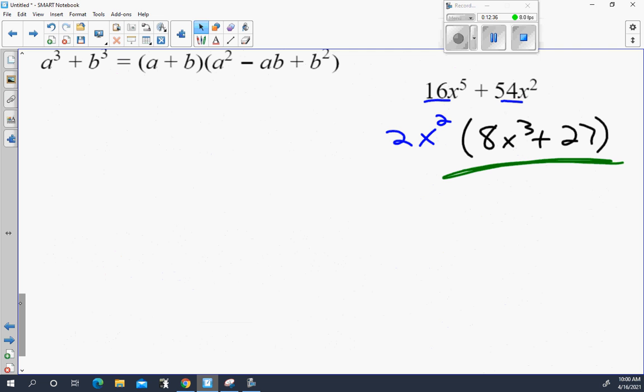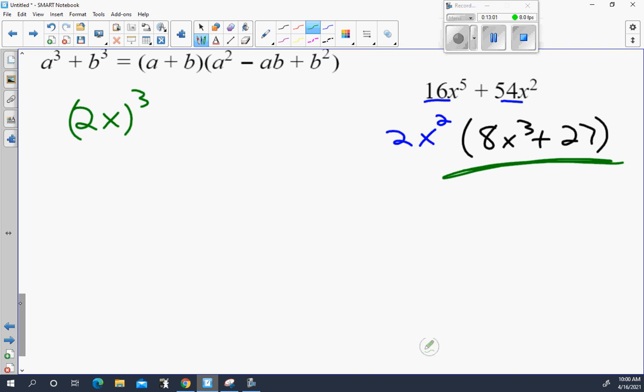Again, I'm just going to use that formula. I still have 2x squared out front, okay? But I'm only going to focus on what I have underlined in green here. So, A will be 2x, because 2x cubed would give me 8x cubed.